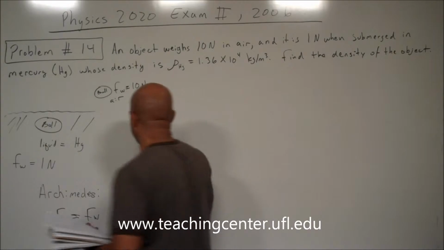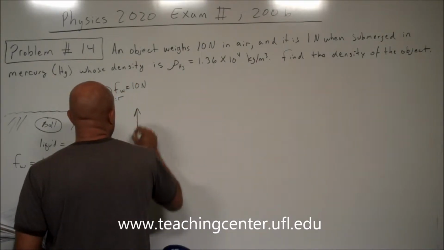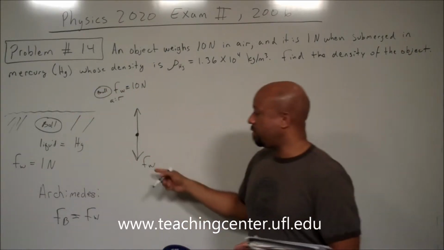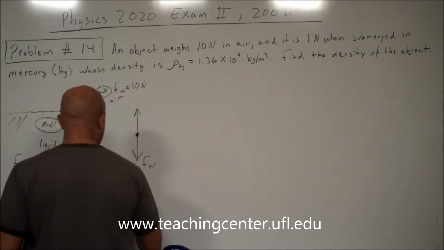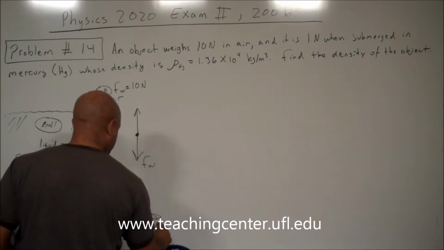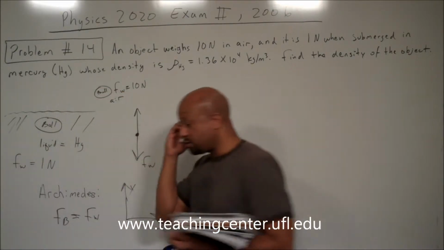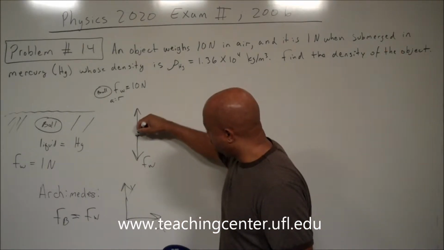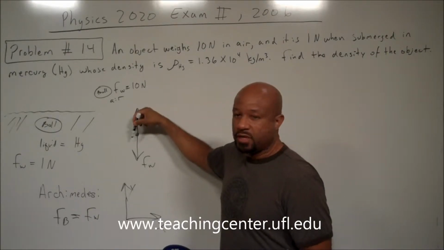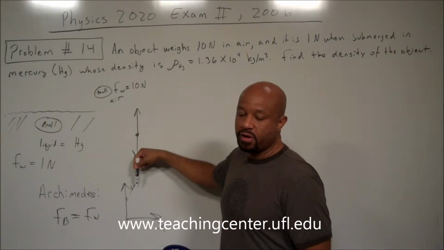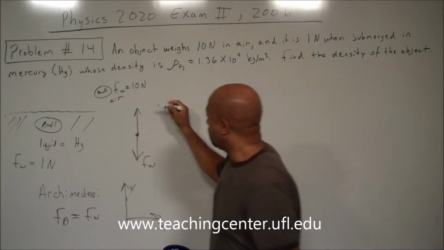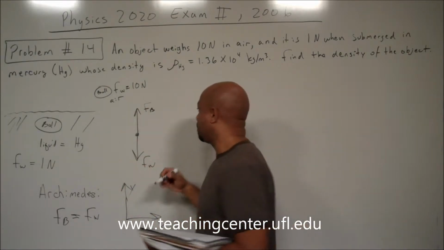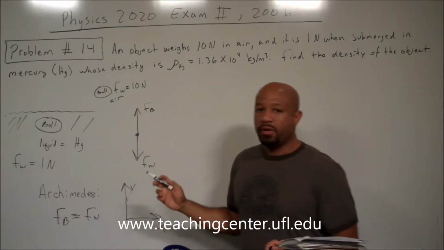And so basically if we have the weight of the object in a liquid, if we set our coordinate system where this is the positive x direction, this is the positive y direction. If we have an object that's submerged in a liquid, the weight of that object is going to be a negative force vector going down, and the buoyant force, which is the force that the liquid exerts onto the object, is going to be pointed up.